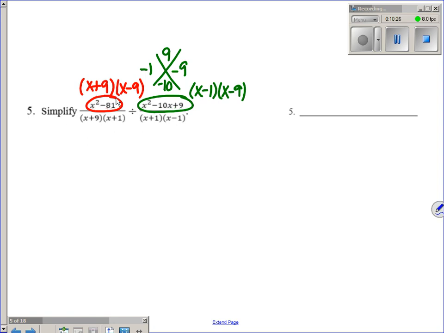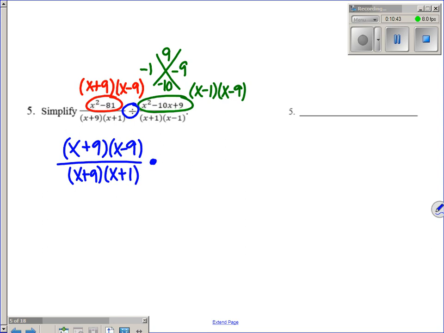Now in this case I would rewrite it because we do have division, and remember the rule for division is keep, change, flip. So we are keeping the first one. Changing the sign. And flipping the second one.